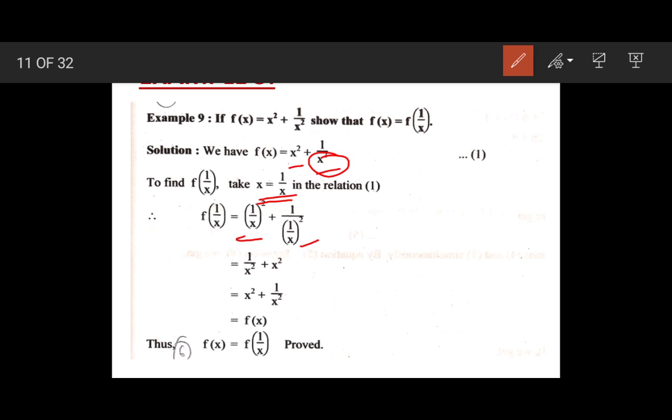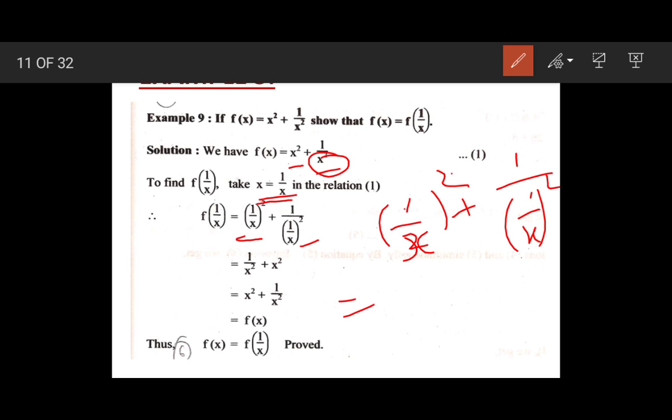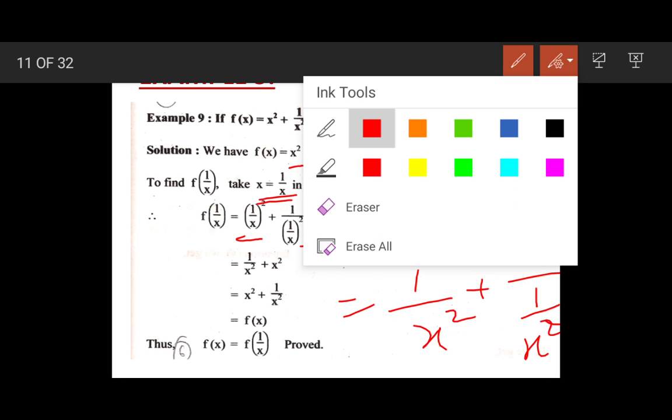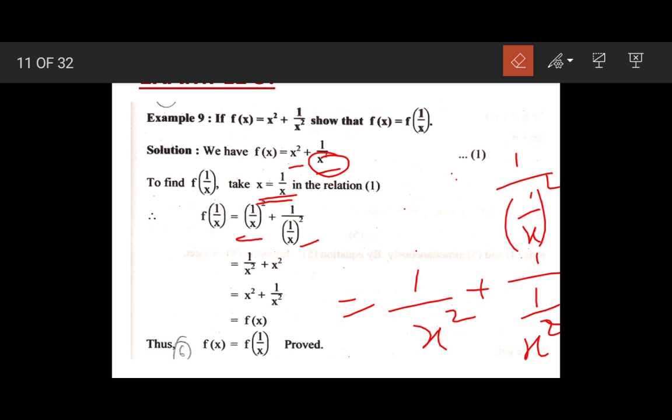So that will be (1/x) whole squared. So it is like this: 1/x² plus 1/(1/x)². So 1² is 1, x² is x². Plus 1 upon 1² is 1, x² is x², right?